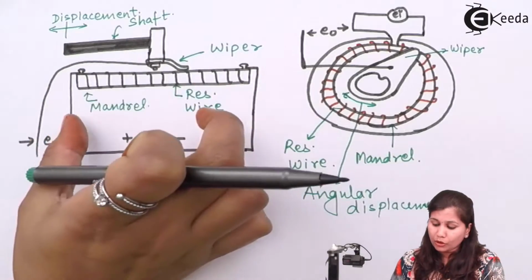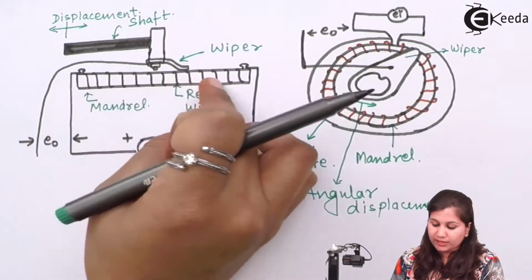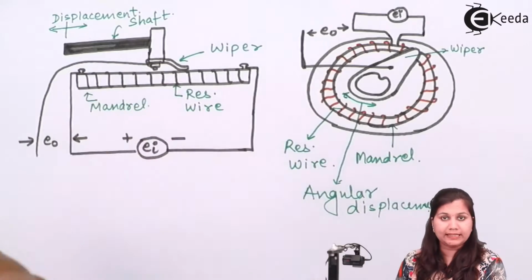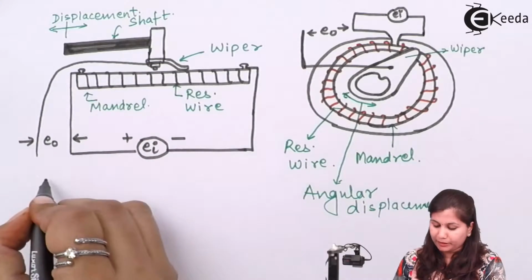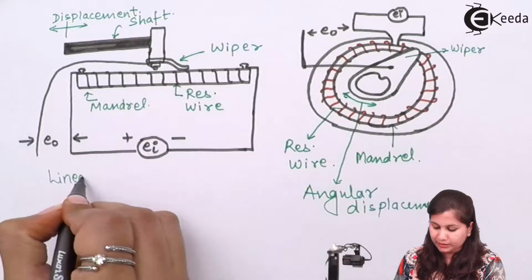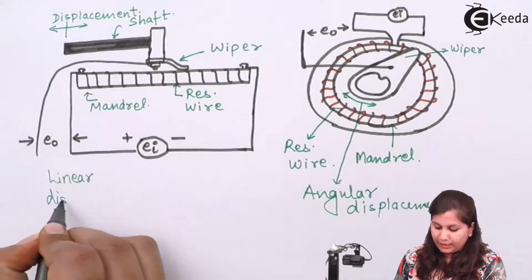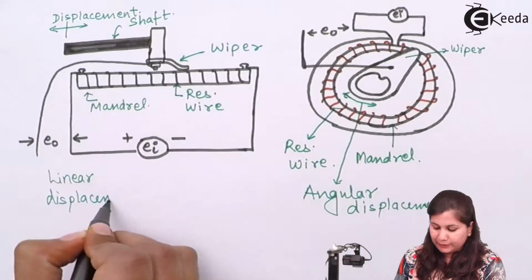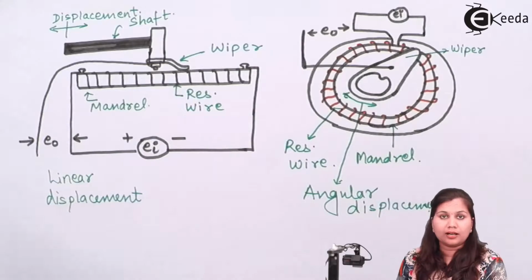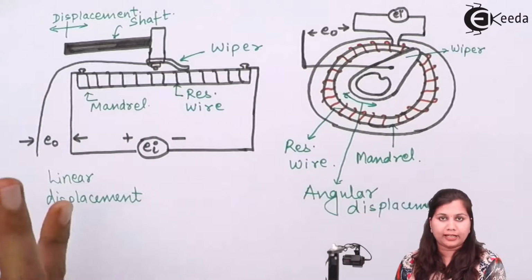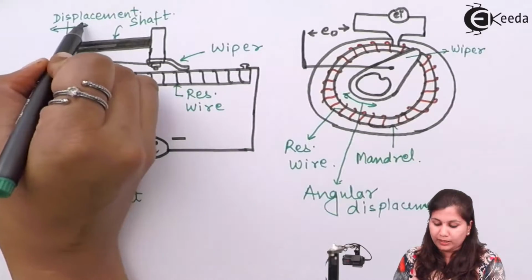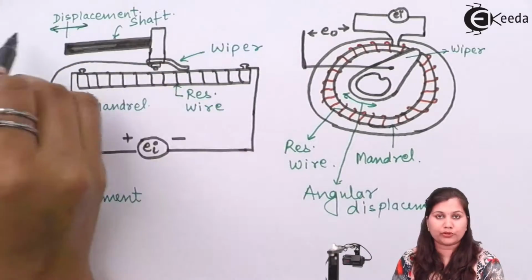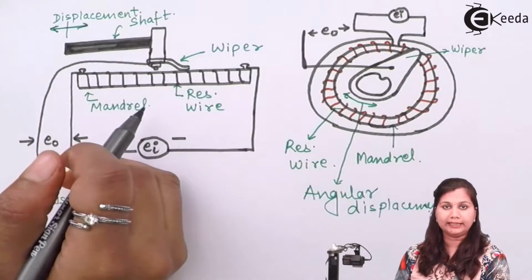So through this linear pot, we are measuring the linear or translational displacement, which is in the left and right direction.